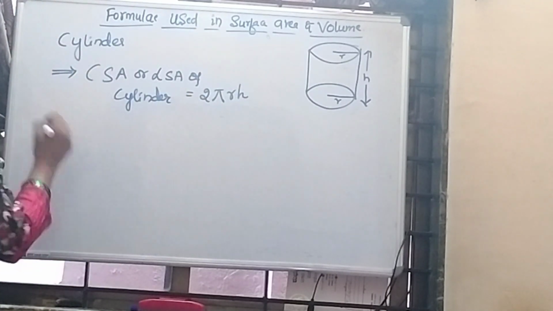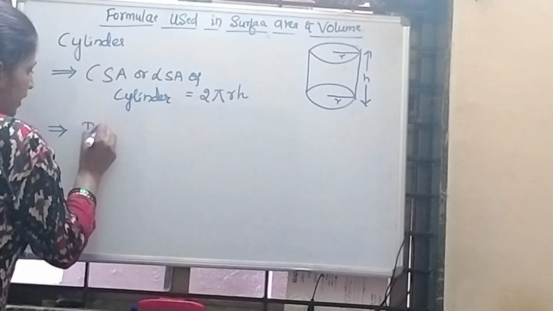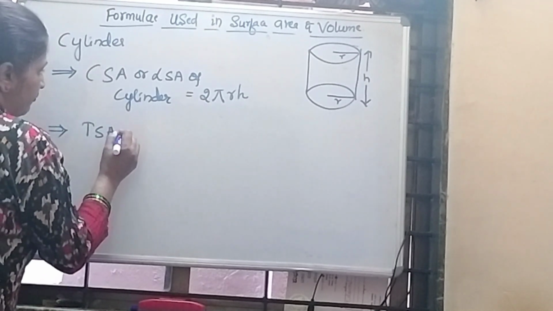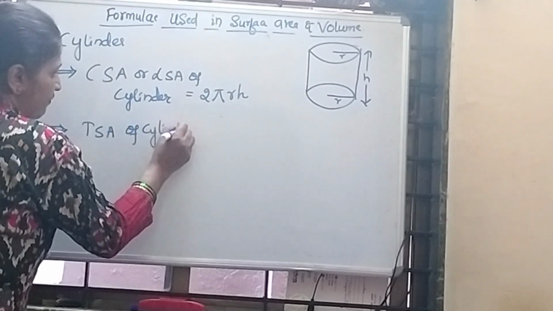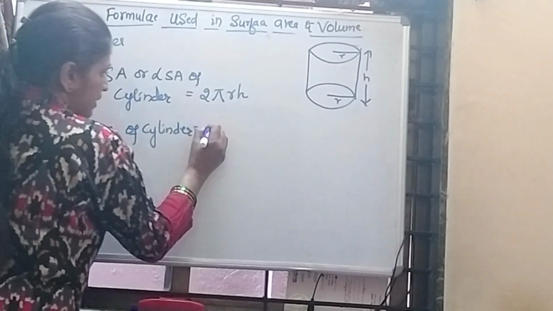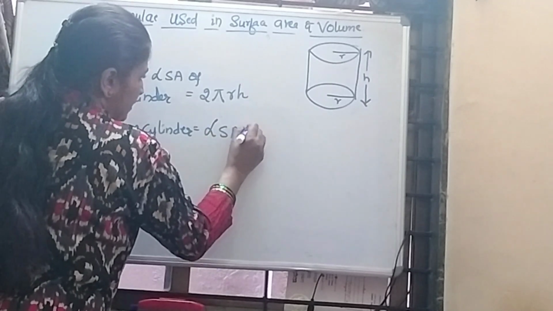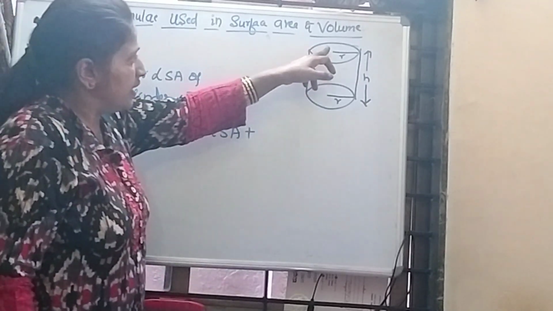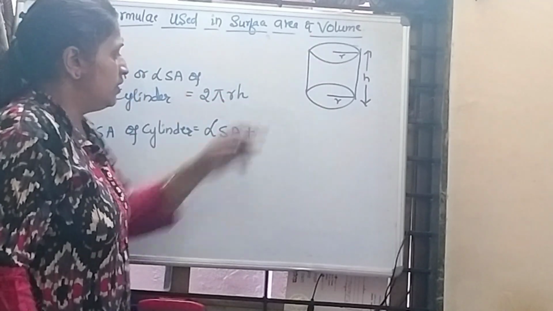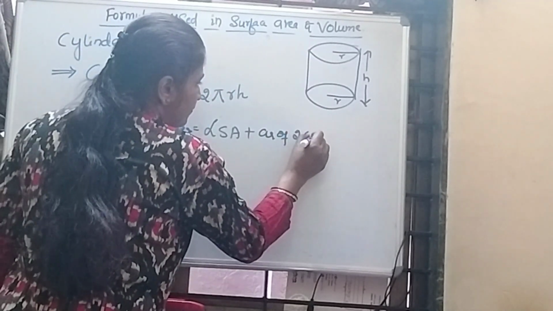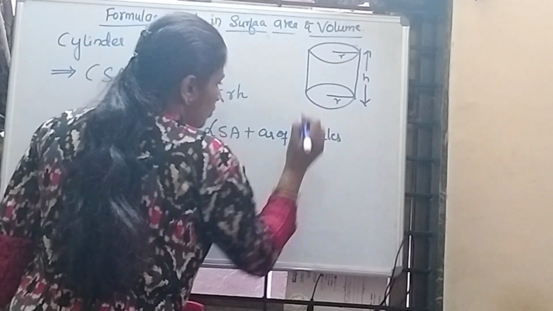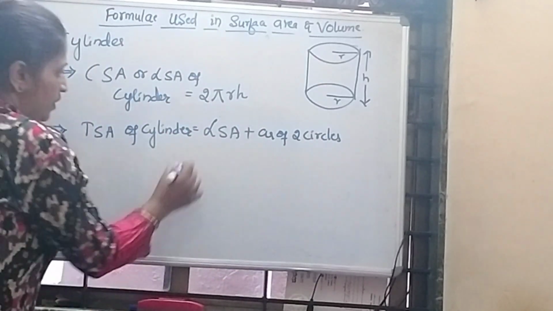Next we have TSA, that is the total surface area of the cylinder. We have already taken LSA, so we write LSA plus the area of two circles, as both the circles, top and bottom, are the same. For this you should know the area of a circle.